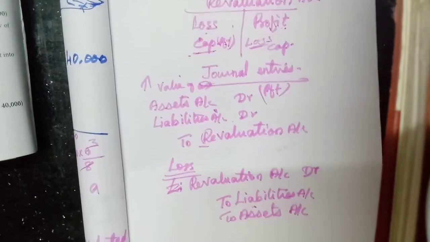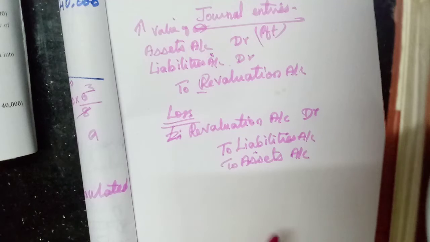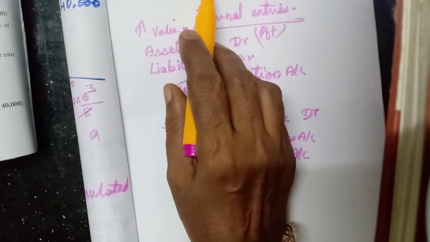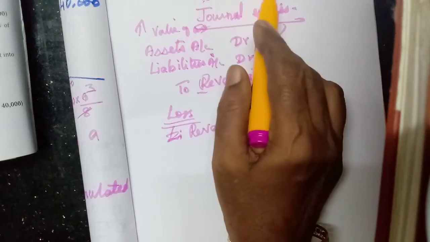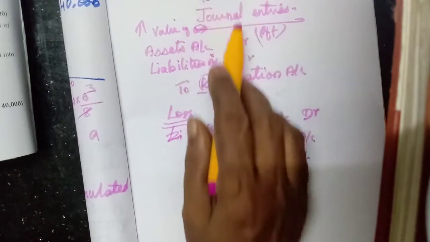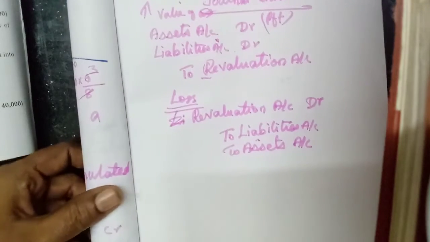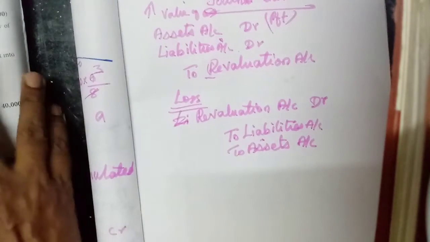That journal entry we also have to write: revaluation account debit to old partners' capital accounts in the old profit sharing ratio for the profit, and capital accounts debit to revaluation account if it is a loss. Now let us see the fourth illustration.